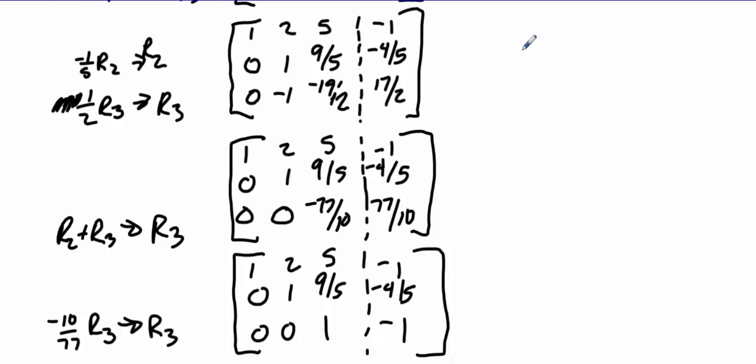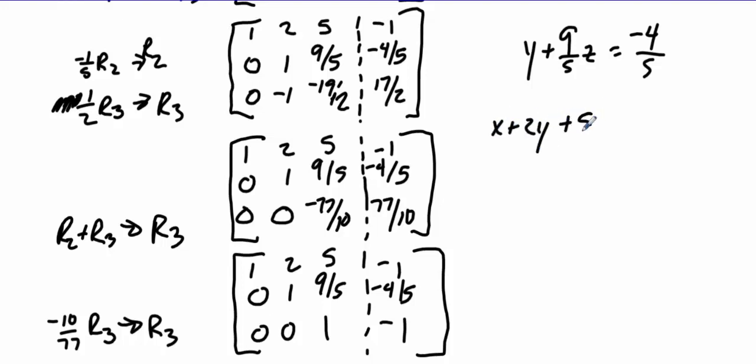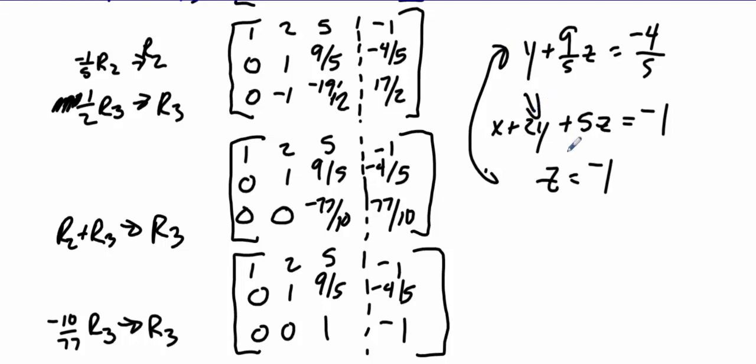I'm not going to do the whole thing, but I basically have y plus 9/5 z is equal to negative 4/5. And I also have x plus 2y plus 5z equaling negative 1, and I know that z now is equal to negative 1. So I just do all my substitutions, first into here, and then I get my y and plug here, my z goes here, and I get my answer.